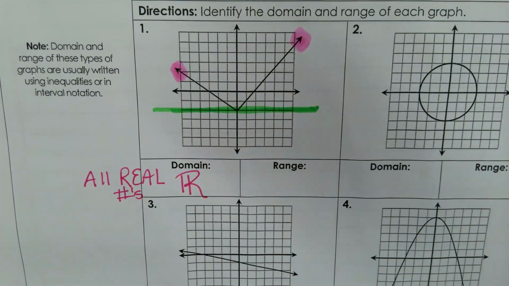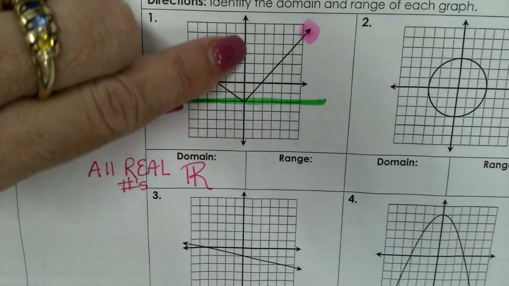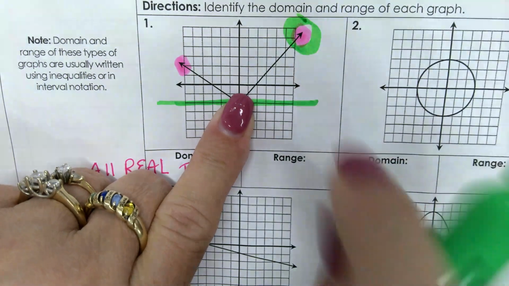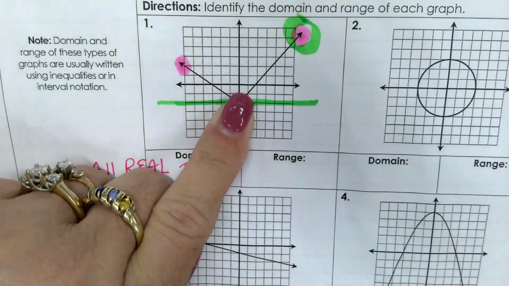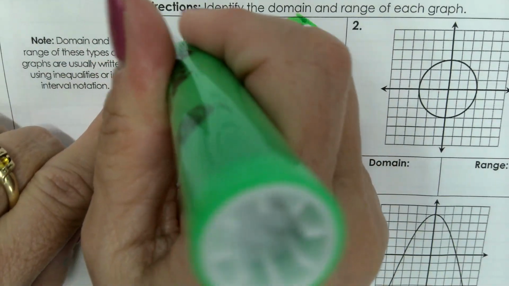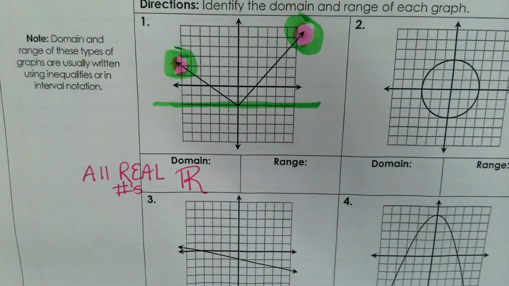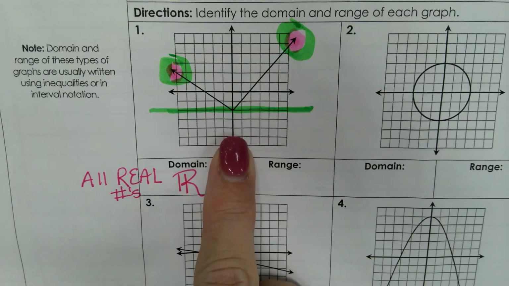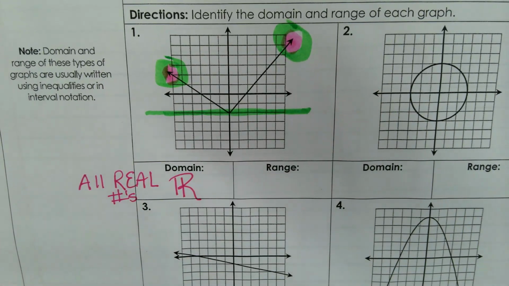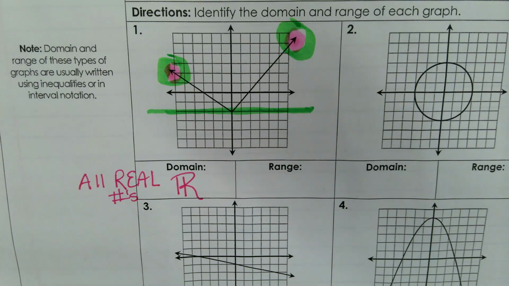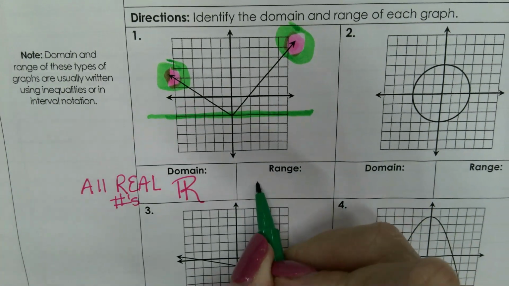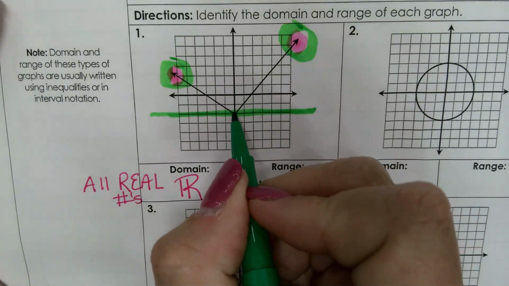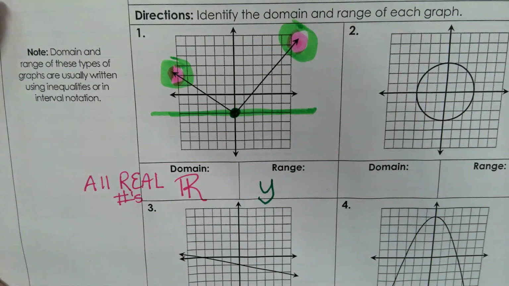Okay? So as I go up, though, look what's happening here. It's going up, see, up forever, up forever. Okay, so it's continuing to positive infinity forever, but it doesn't go below that green line. And when that happens, this is how we write the domain or range, but in this case, the range. Range is y, and this dot right here is a straight line.